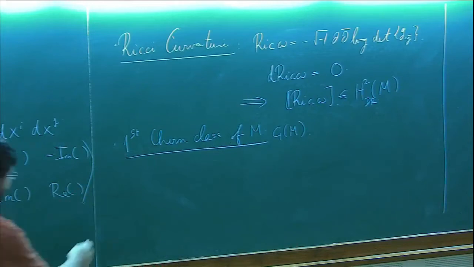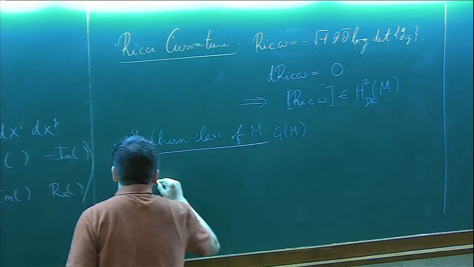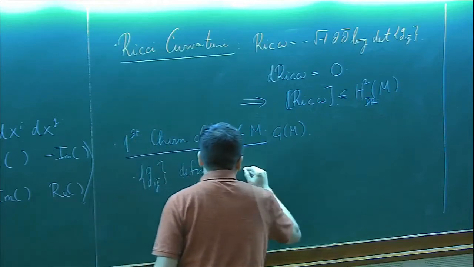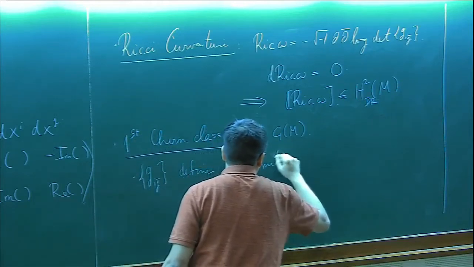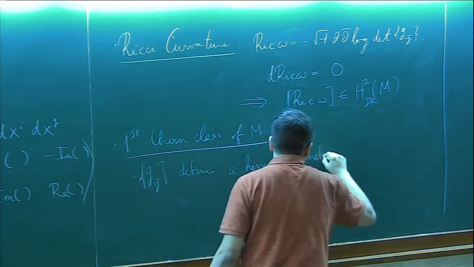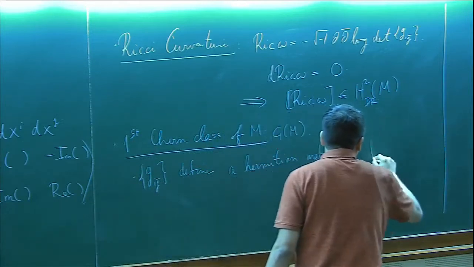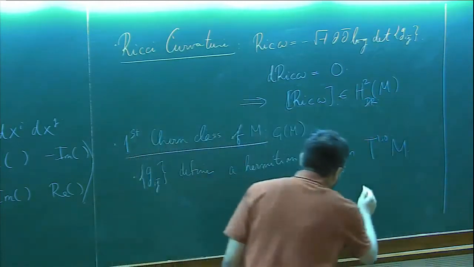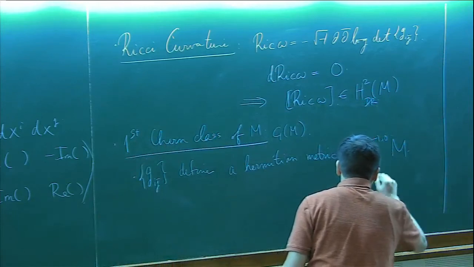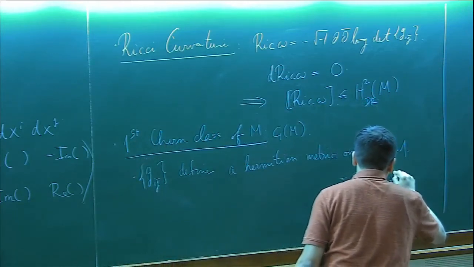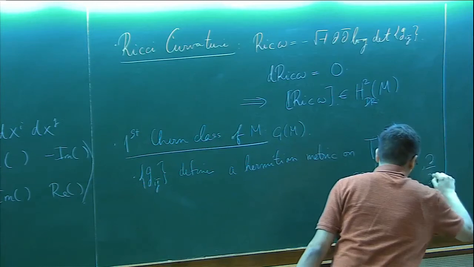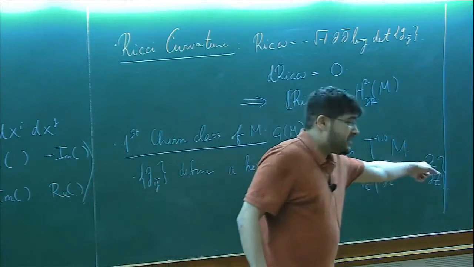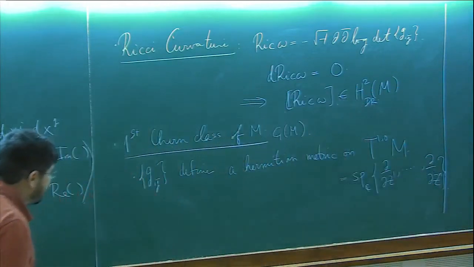The point here is that G_{ij̄} defines a Hermitian metric on the holomorphic tangent bundle of M. If you remember, the holomorphic tangent bundle is locally simply spanned by these, the unbarred tangent vectors.